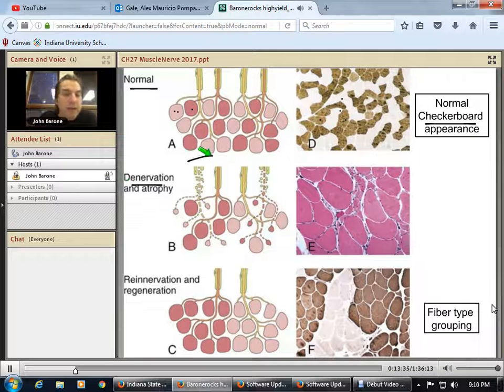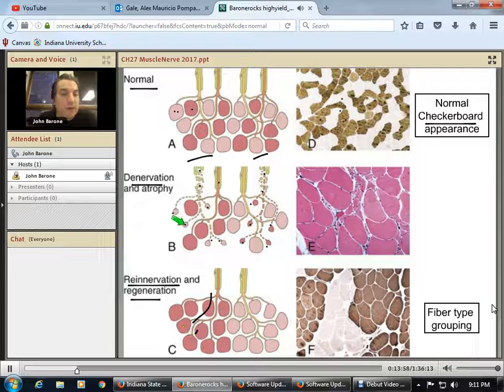Now, if I get denervation, I get damage to the axon, this denervates, I damage this one, it denervates. Well, now these guys are going to become small. This one becomes small because they're denervated. Now, hopefully you get reinnervation and regeneration. So these surviving ones are going to try to innervate.